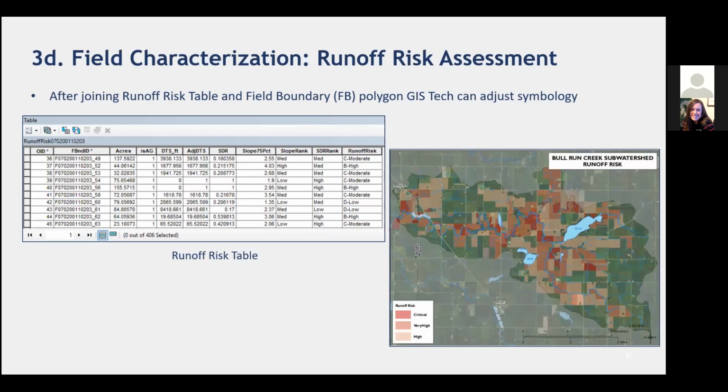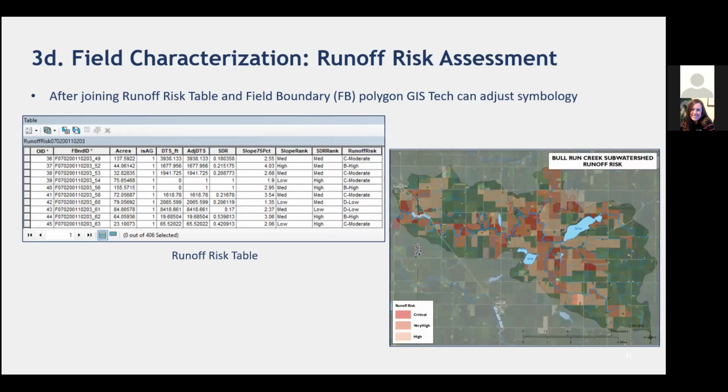It also shows what the slope value in percent rise is within each field, and the actual SDR that's used for those fields. Just like all these other tables produced within the ACPF toolbox, you can join the table back to the field boundary data set.